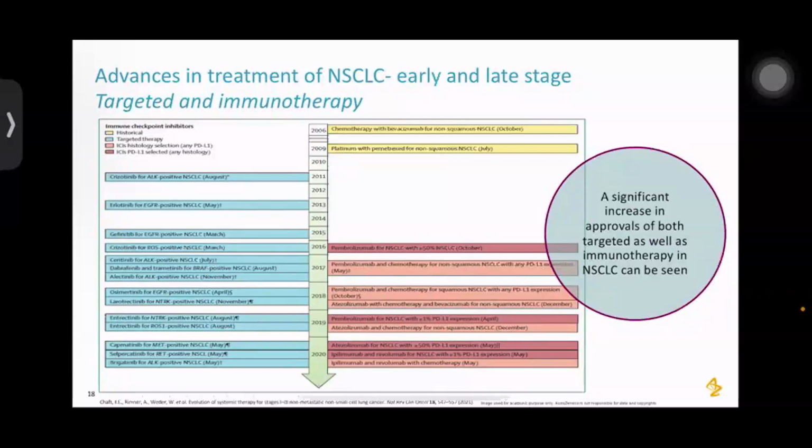These are the various improvements in targeted agents, and similarly in immunotherapy, the checkpoint inhibitors, PD-L1 inhibitors, and dual checkpoint inhibitors. Combinations of immunotherapy and checkpoint inhibitors are also progressing.